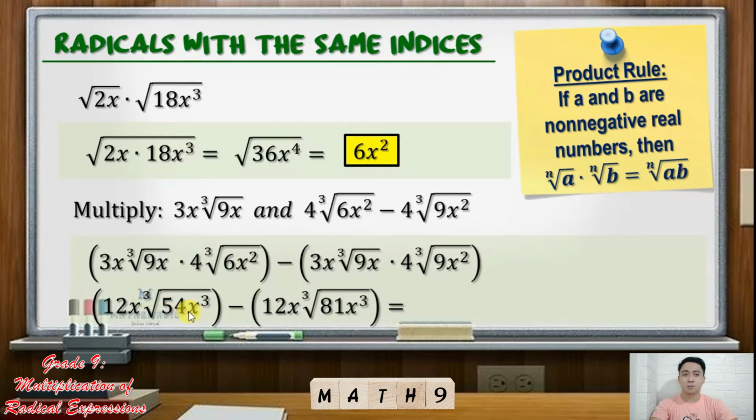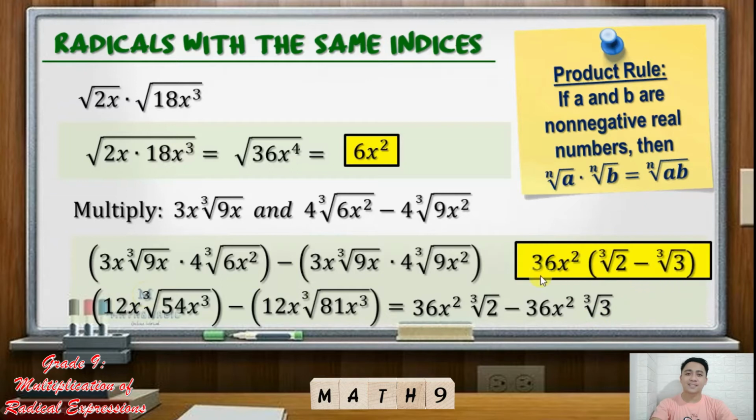Then copy the cube root. For the second term, 3x times 4, that is 12x. Then 9x times 9x squared, the product is 81x cubed. Then copy the cube root. Simplifying these products, the answer is 36x squared times quantity cube root of 2 minus cube root of 3.